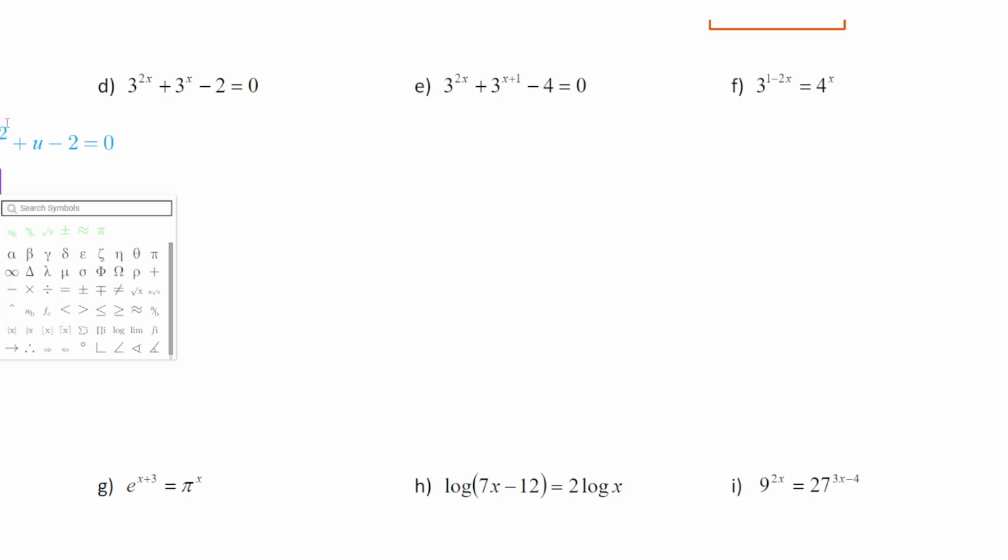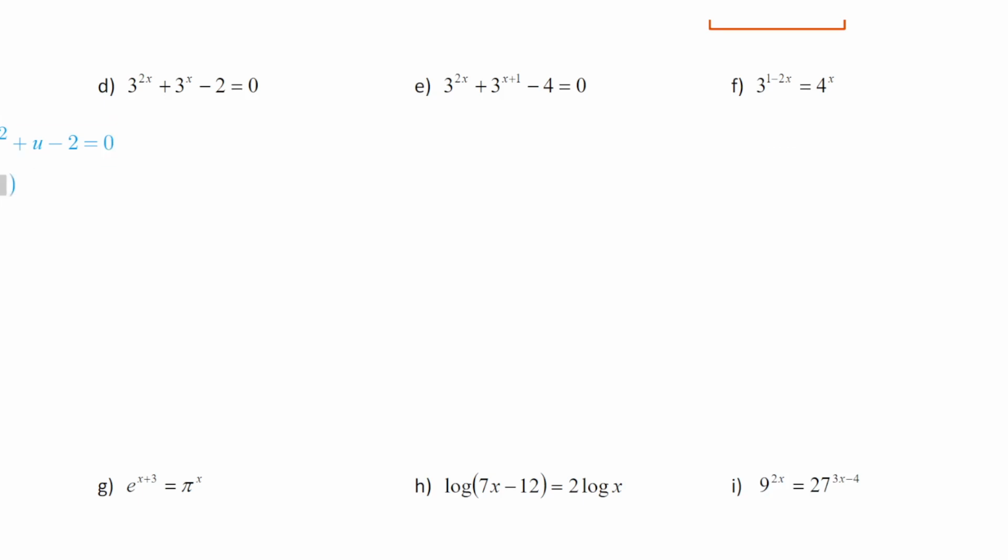What we would get is two numbers that multiply to give me -2, but add up to +1. Let me move this over so you can actually see it. I'll scoot this over as well.